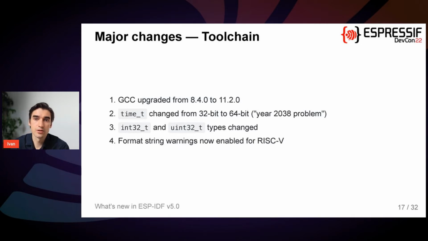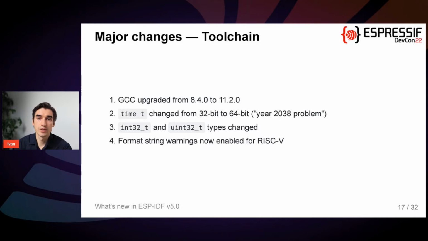I also already mentioned the time_t change, so that is to resolve the year 2038 problem. In 2038, the 32-bit Unix epoch time_t will overflow, so the software needs to upgrade to a 64-bit time_t type. This has been requested a long time ago, but we couldn't make this change in a non-breaking way, so this had to wait until the major release.